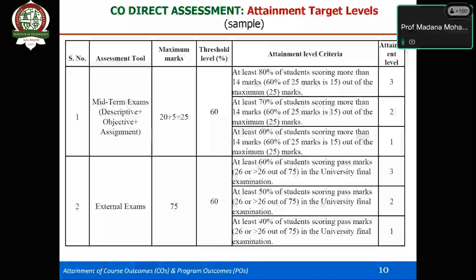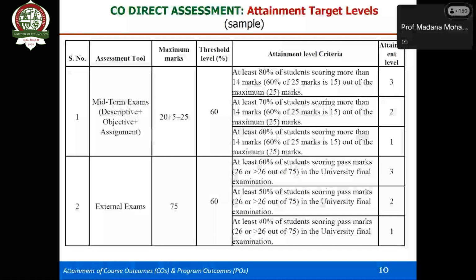So based on that, what is the minimum value you are getting? With that, maybe some increment should be added. Like that, we have to set the target level. Year to year, suppose this year you set the target level as X. If next year also the same level, and the year after also the same level, it means you didn't put any effort into improvement.